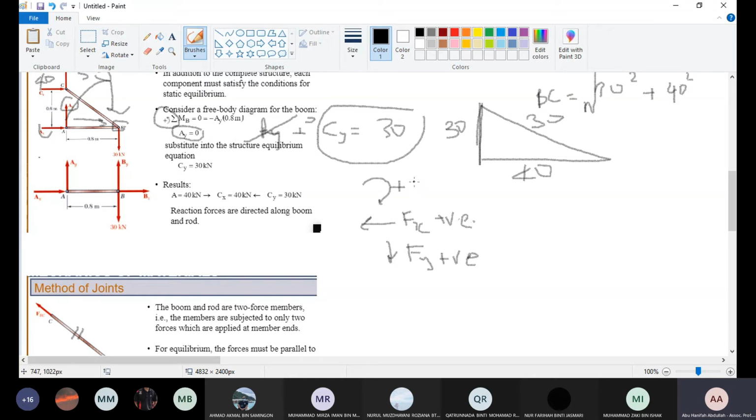So this is just your selection. Either you choose clockwise or counterclockwise to be positive, or you choose pointing to the right or pointing to the left to be positive. The answer will be the same.